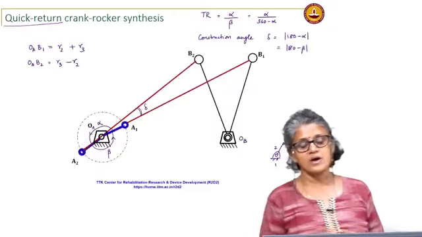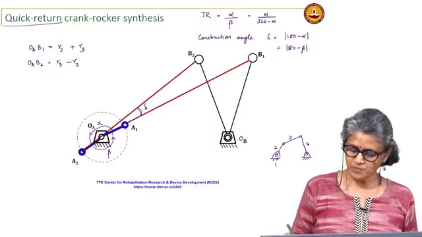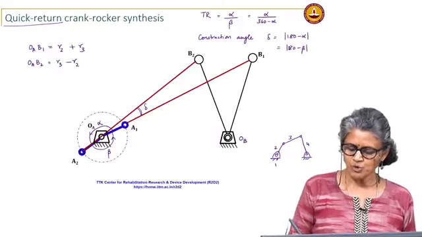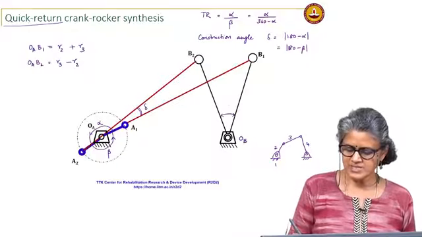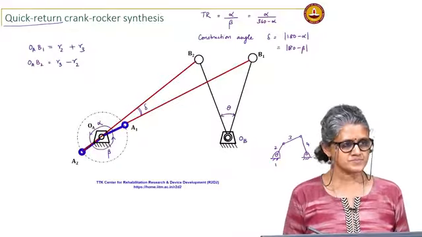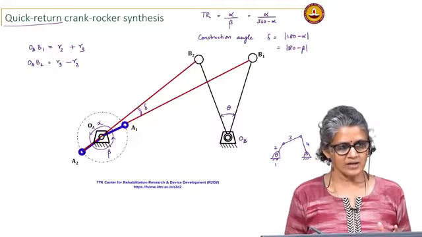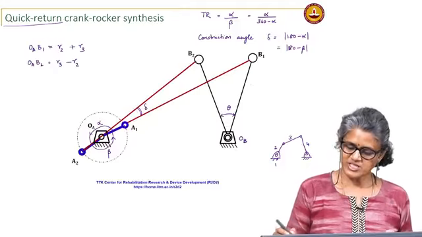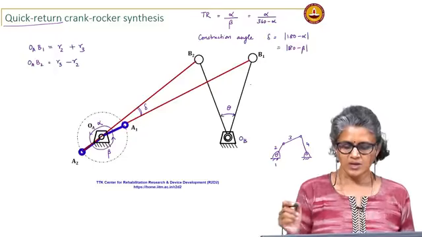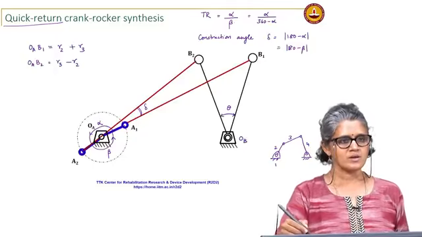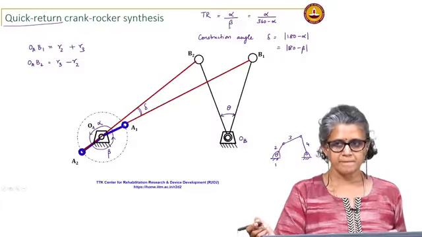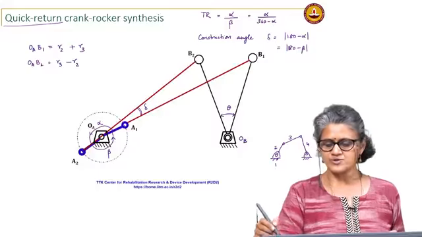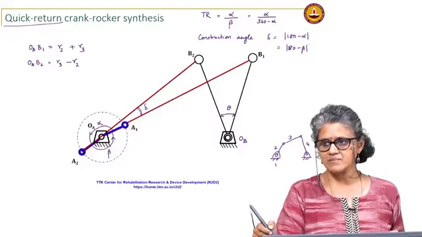I am given that I want to move a rocker through a certain angle theta, using a crank rocker, and I want to achieve this with a time ratio which is given to me, non-unity time ratio. So, the first thing, I know the time ratio, so I can calculate the construction angle.